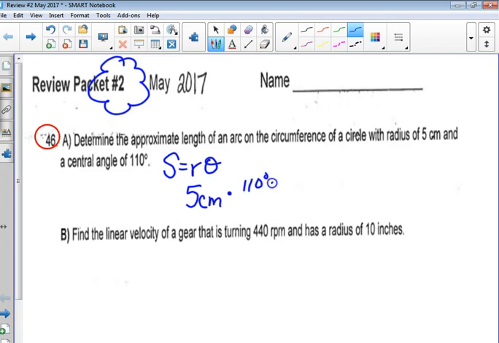The formula only works in radians, so we're going to multiply by pi over 180 to change it to radians. And we're just going to type it in. It doesn't matter what mode our calculator is in.